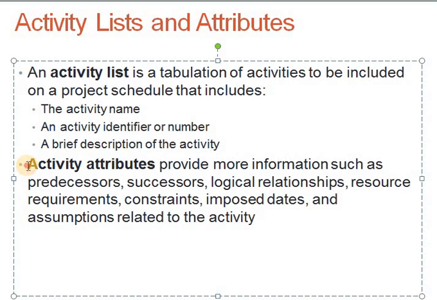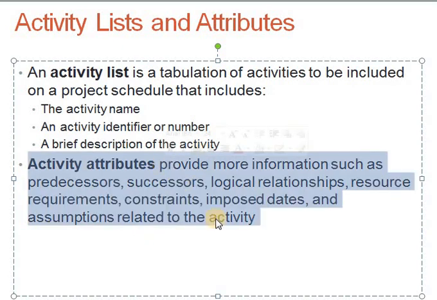So now we will see what is activity attributes. Activity attributes provide more information such as predecessors, successors, logical relationships, resource requirements, constraints, imposed dates, and assumptions related to the activity.